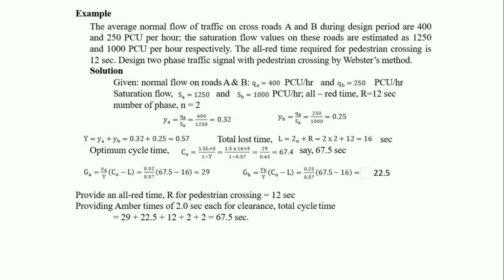By providing all red time R for pedestrian crossing as 12 seconds, and providing an amber time of 2 seconds each for clearance, the total cycle time is 29 of green time at road A plus 22.5 green time at road B, plus 12 seconds all red time, and 2 plus 2 for the ambers, and we finally get 67.5 seconds. So now let's see the phase diagram of it.